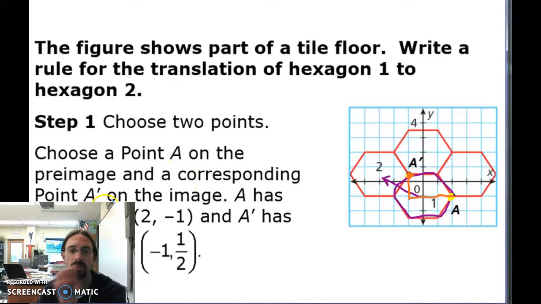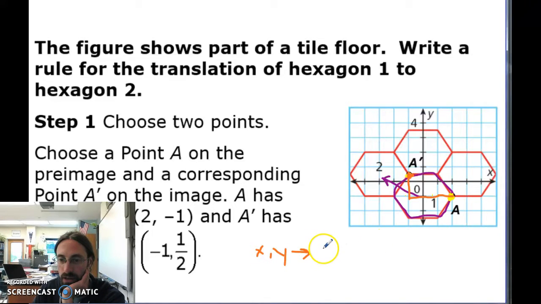Now, you have to be a little bit careful here because it says A has a coordinate of 2, negative 1. Okay, I agree. And A prime has a coordinate of negative 1, 1/2. Well, the rule, I would say, is x, comma, y goes through. What do I need to do to x?